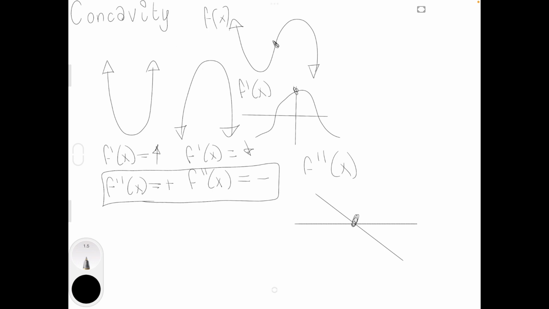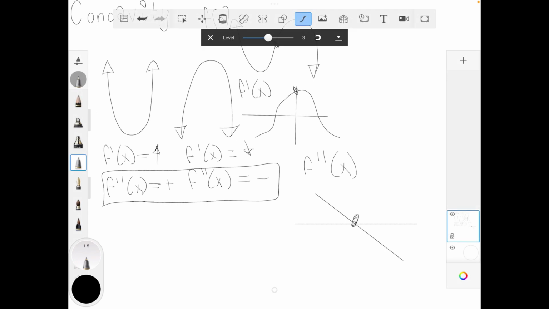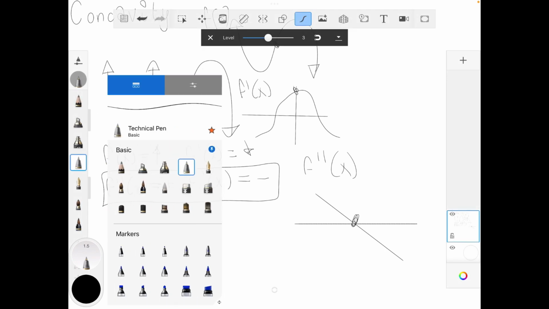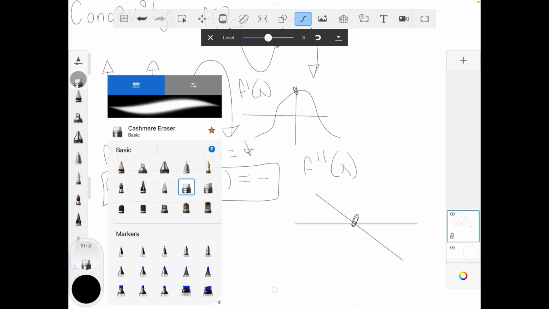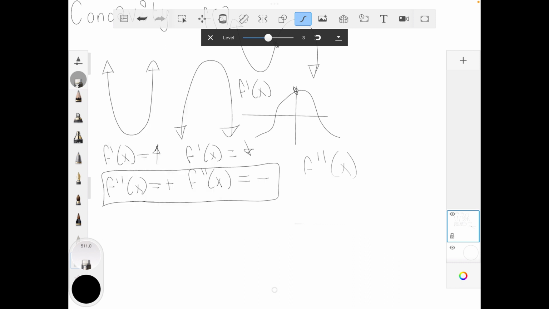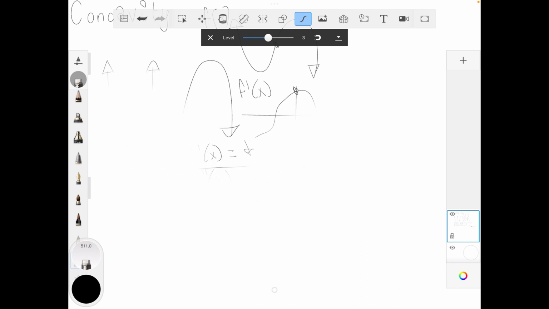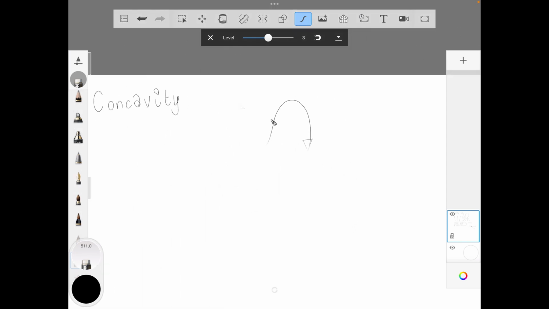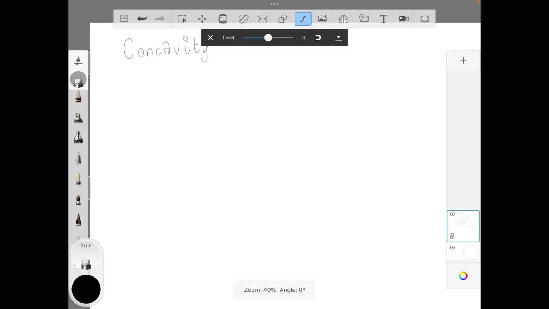So, how can we use these? Well, let's take a look at an example problem as I erase this. So, an example problem looking at the concavity of a function.